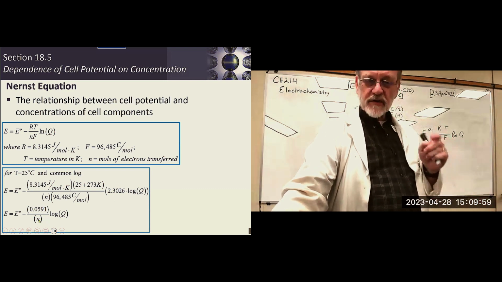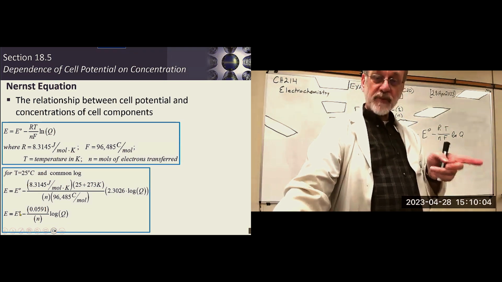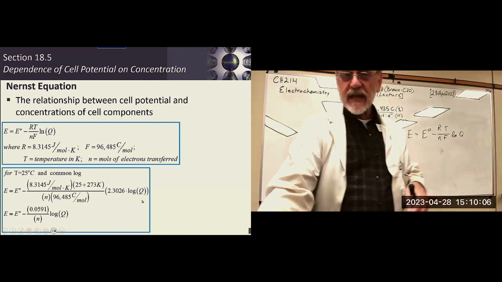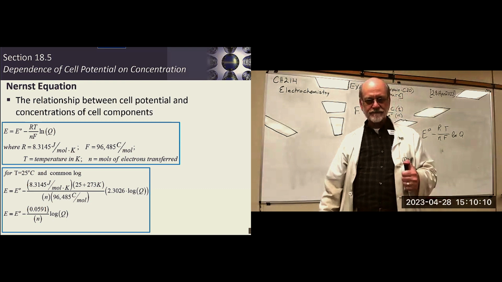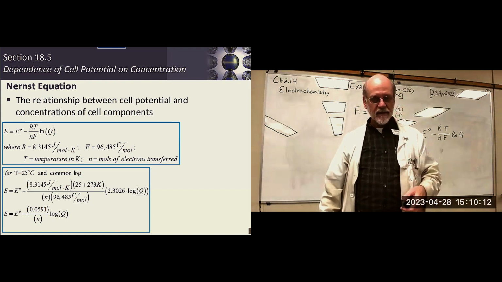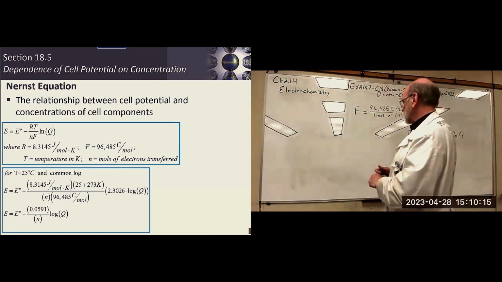So all we need to know is the number of electrons moved and the Q and the standard potential, and we can calculate E for 25 degrees Celsius. So that's the one that we typically use.